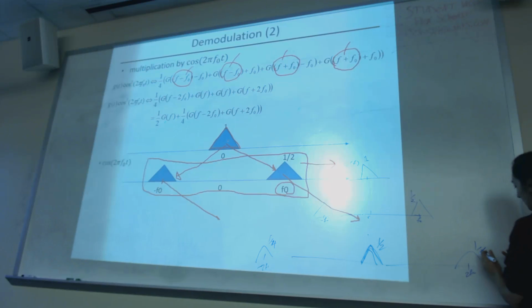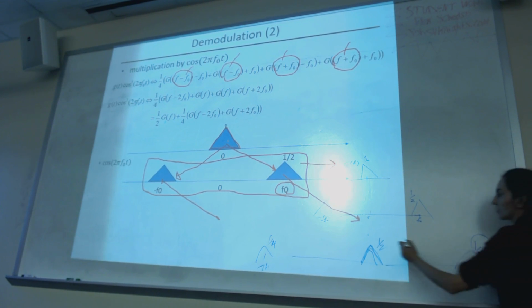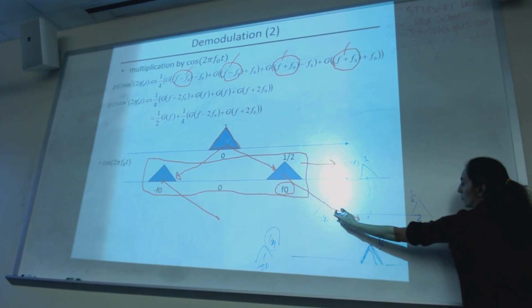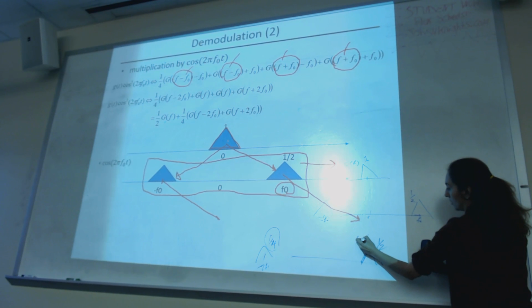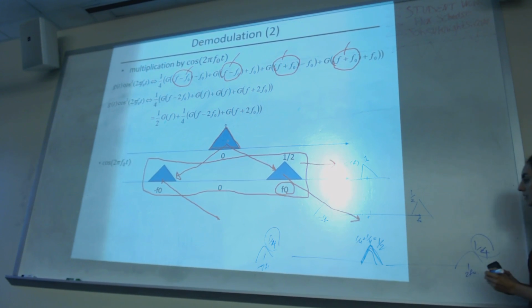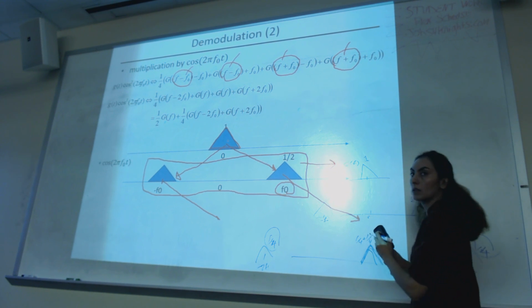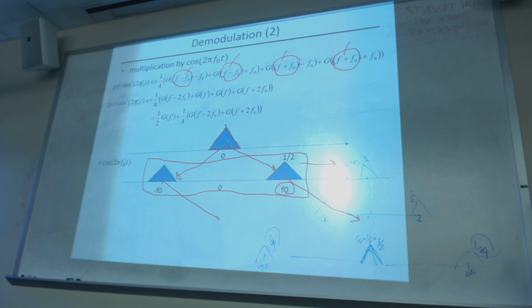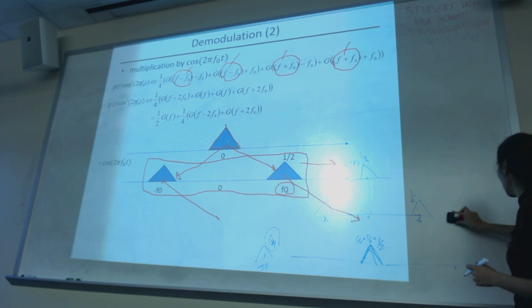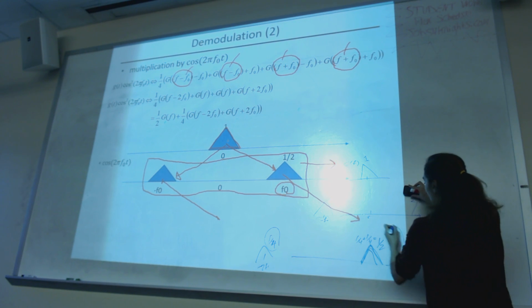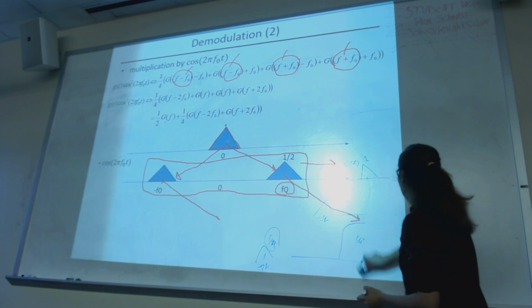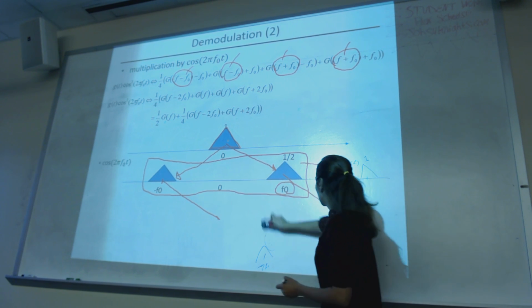Then you do that again, half, so you get a quarter here, a quarter there, but at 2f naught, quarter plus quarter at the center. If you just multiply by 2, it'll be the same as the original. Put a filter here and then multiply by 2, and it's the same as the original.